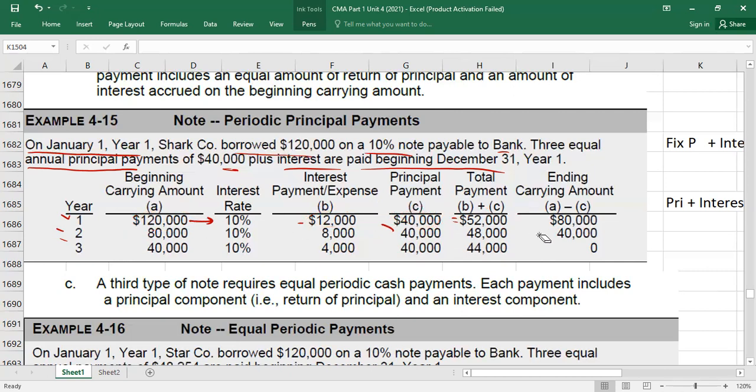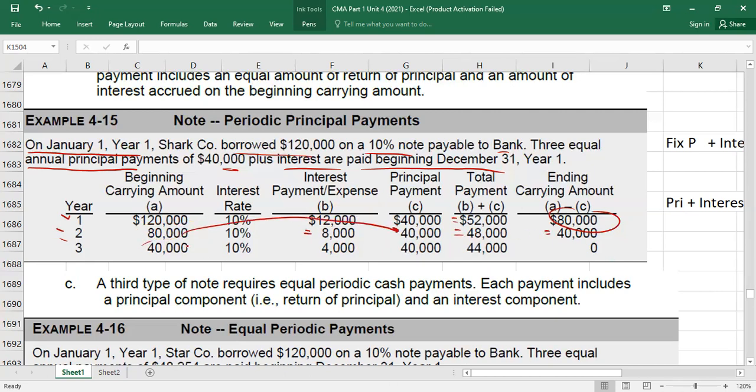This ending liability will become opening for next year. Again times 10%, this is going to be interest, but my principal amount is fixed. So 8 plus 40, it will be 48,000. And then opening minus principal is ending.